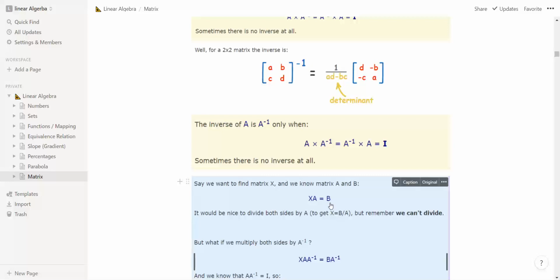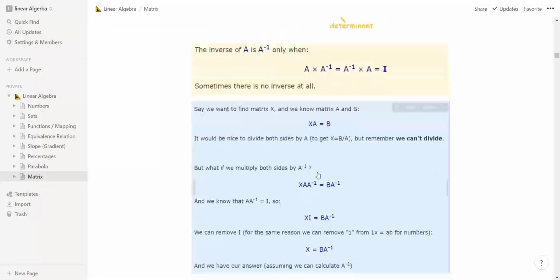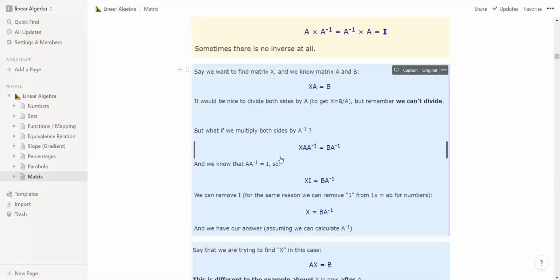You can't have 1 over a with matrices, there's no division actually. But what you can do is have an inverse. So you would multiply by the inverse, and you would get the identity, which is basically 1, and b multiplied by the inverse of a. And that's how you basically do it.